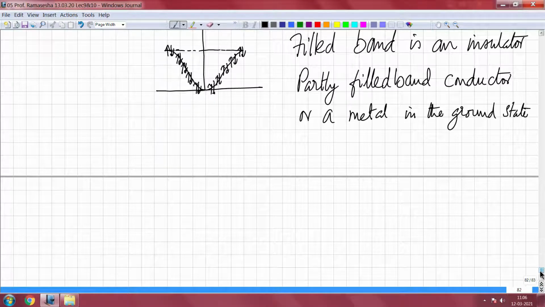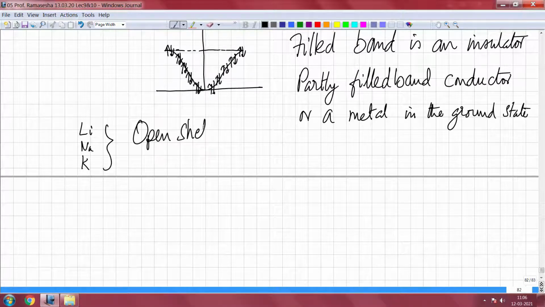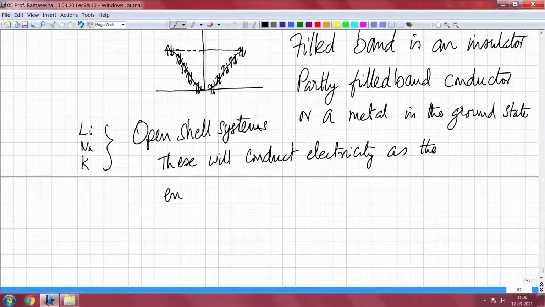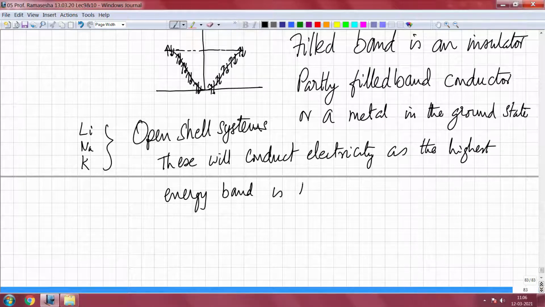Well, what one usually knows is, if you are looking at open shell systems like lithium, sodium, potassium, these are all open shell systems, and these will conduct electricity as the highest energy band is half filled.